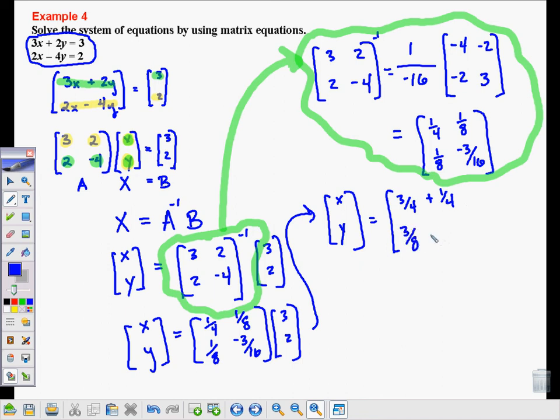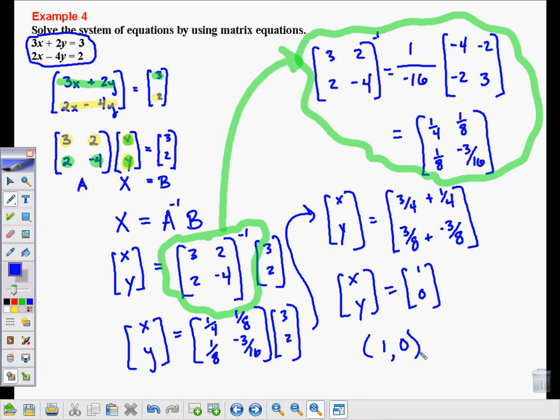And then negative 3/16 times 2 is negative 3/8. I add those together, and I get 1 and 0. So my solution is 1, 0.